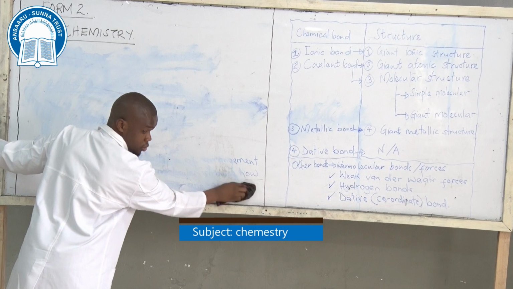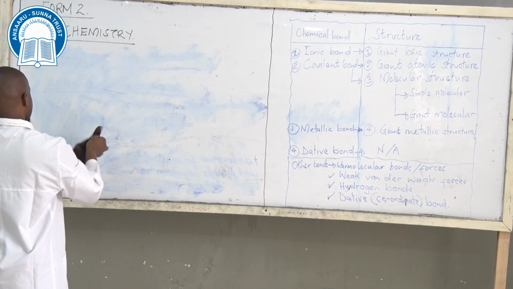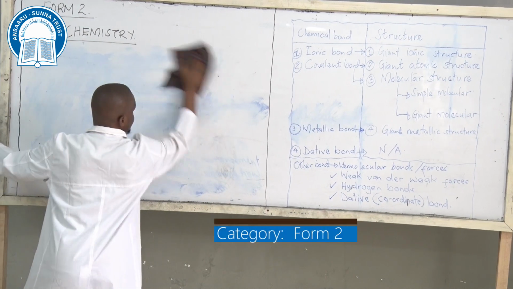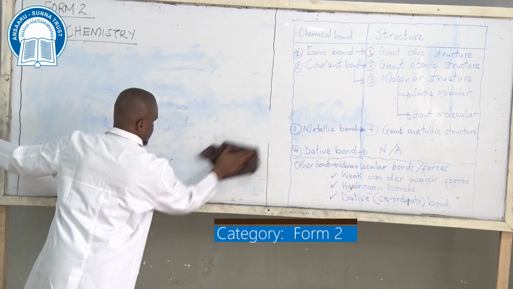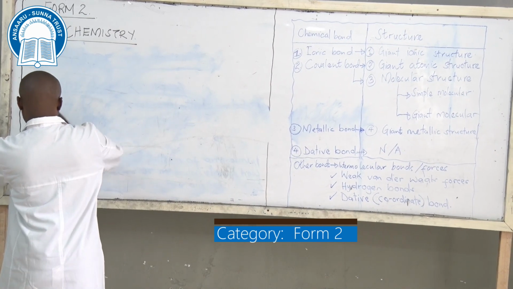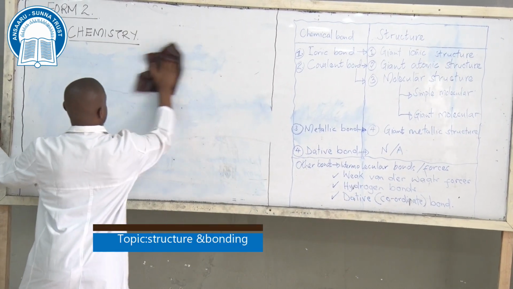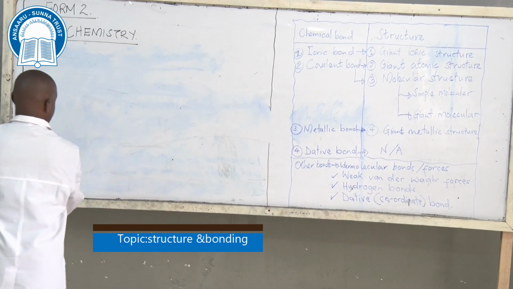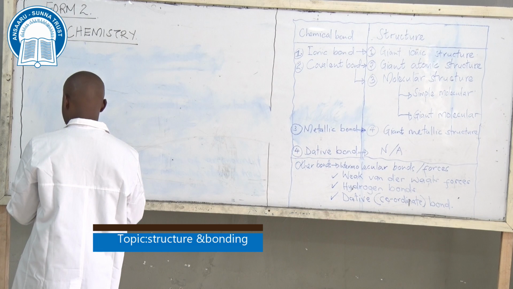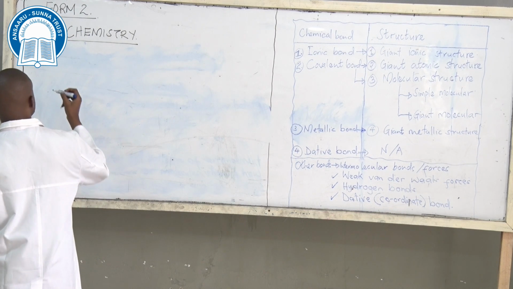I just hope it will not leave the board colored such that you are not able to see. But I hope you will be able to see. Good. Maybe I use a different one from the one I'm using.